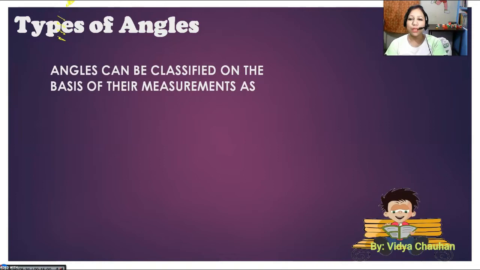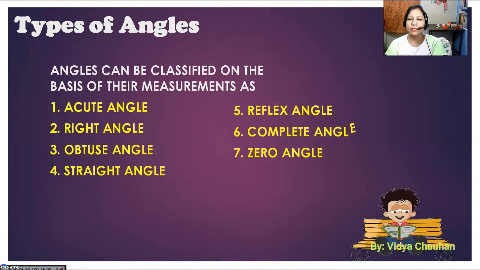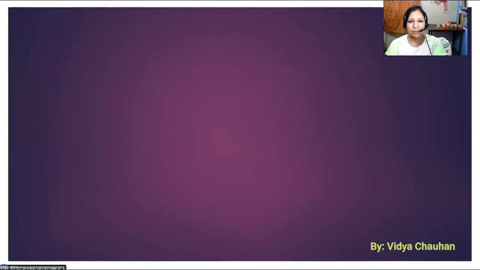Here are the different types of angles in front of you: acute angle, right angle, obtuse angle, straight angle, reflex angle, complete angle and zero angle. These are the 7 different types of angles known to us.